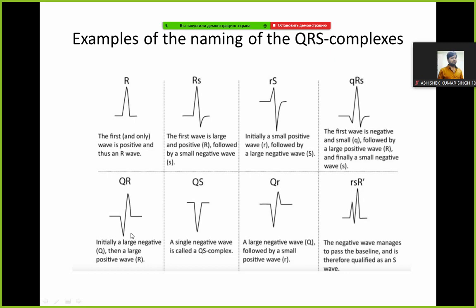QR complex: when we have a pathological, very pronounced negative Q wave and a pronounced R wave.